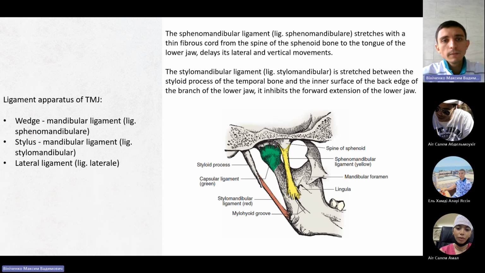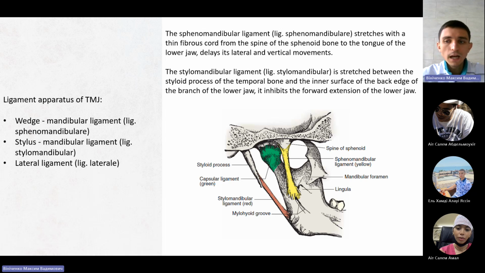The sphenomandibular ligament, ligamentum sphenomandibulare, is stretched as a thin fibrous cord from the spine of the sphenoid bone to the lingula of the lower jaw. So here is the spine of the sphenoid bone, and here is located the lingula of the lower jaw.